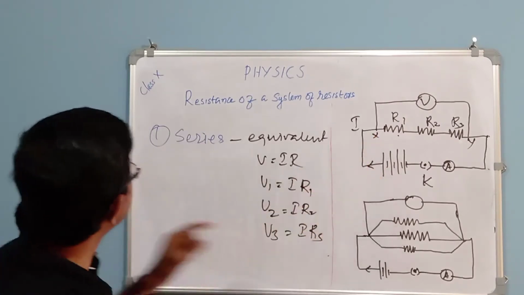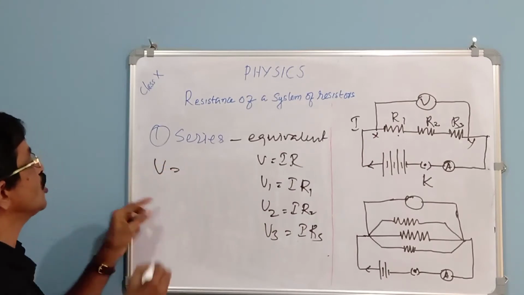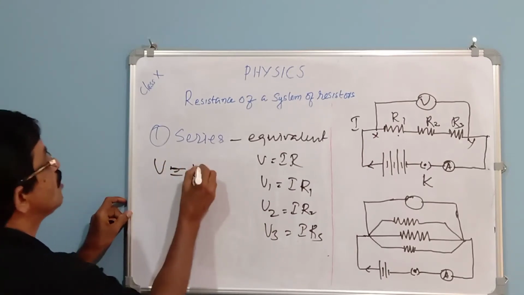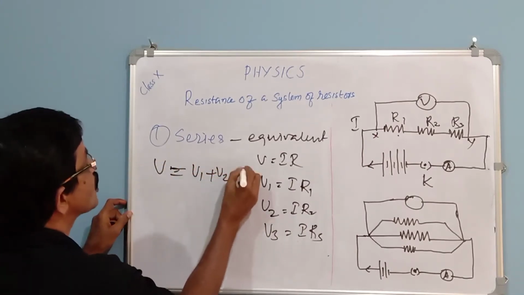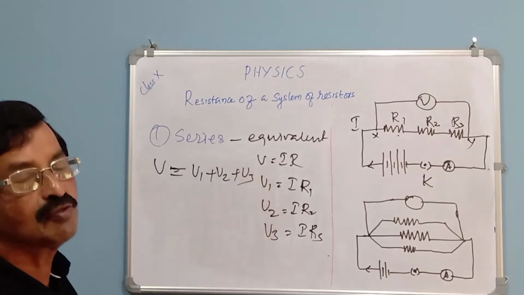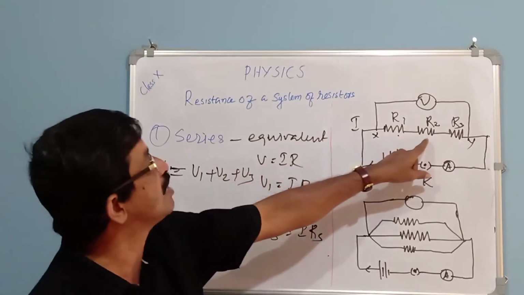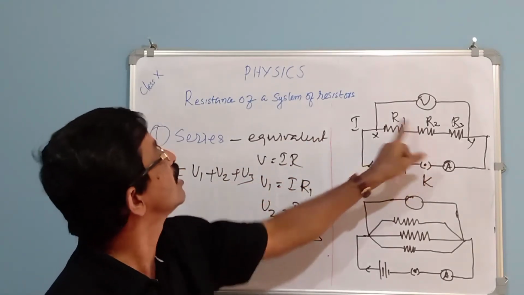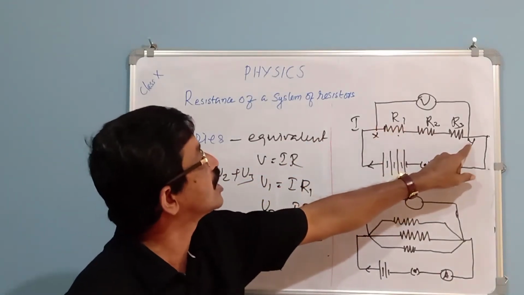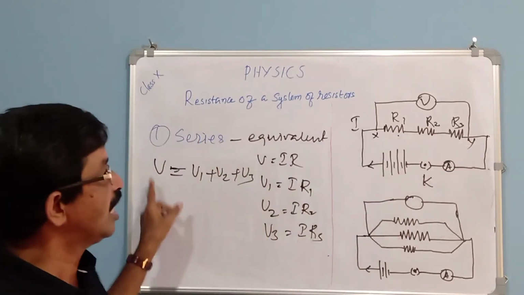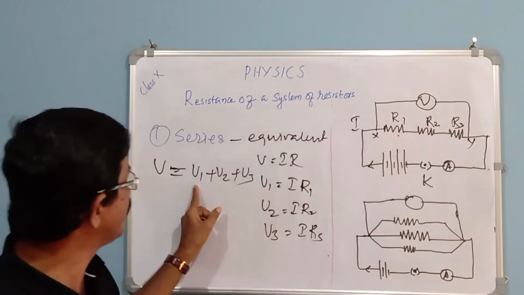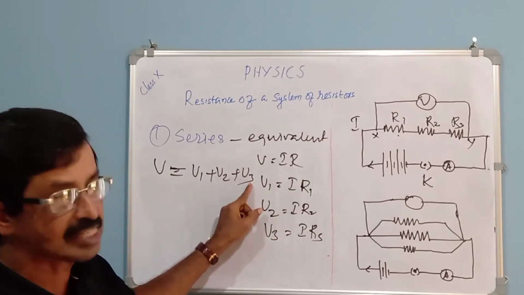But the potential V is equal to V1 plus V2 plus V3. That is measured using a voltmeter across X and Y, we get V, and across R1 we get V1, similarly V2 and V3.